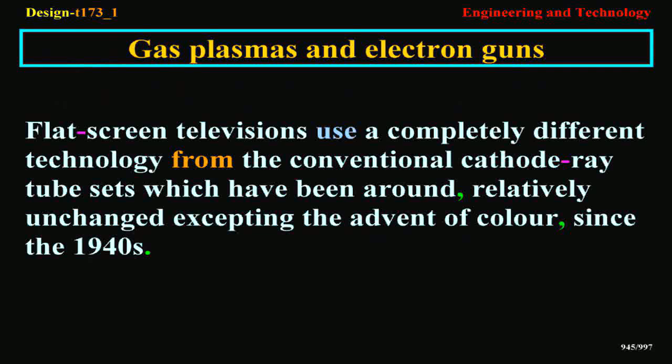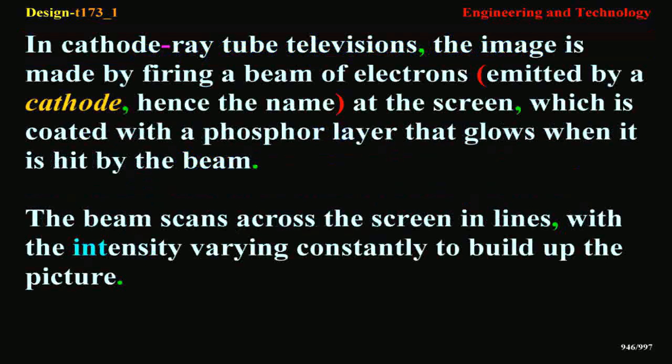Gas plasmas and electron guns. Flat-screen televisions use a completely different technology from the conventional cathode ray tube sets which have been around, relatively unchanged excepting the advent of color, since the 1940s. In cathode ray tube televisions, the image is made by firing a beam of electrons emitted by a cathode, hence the name of the screen, which is coated with a phosphor layer that glows when it is hit by the beam.